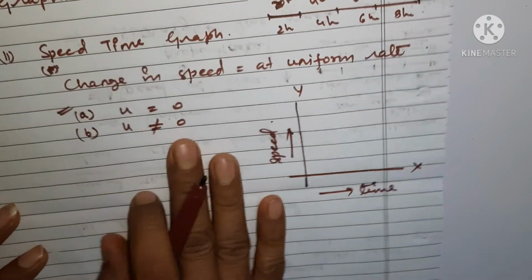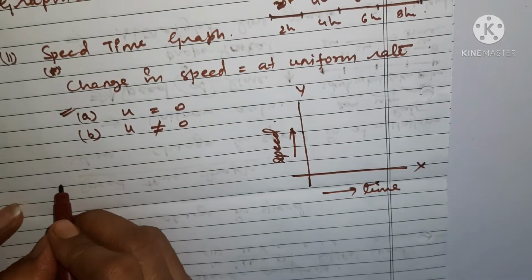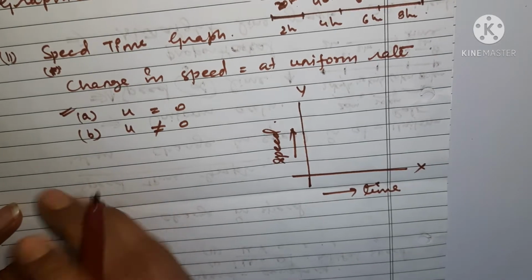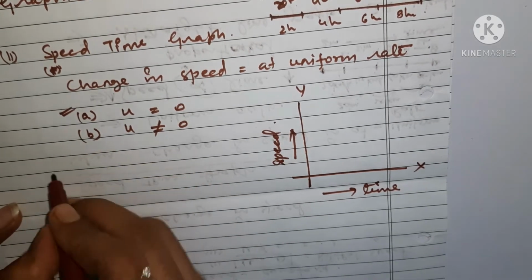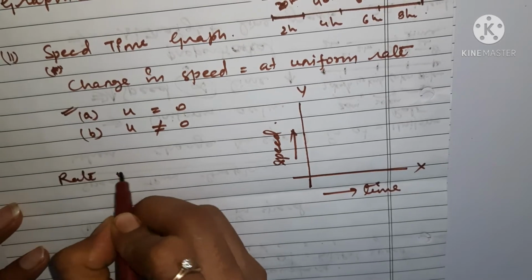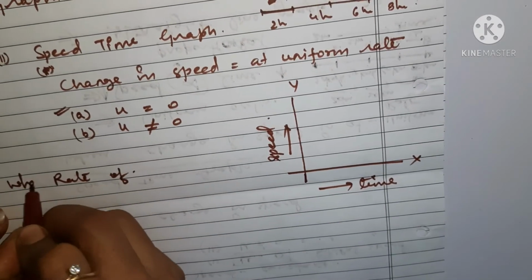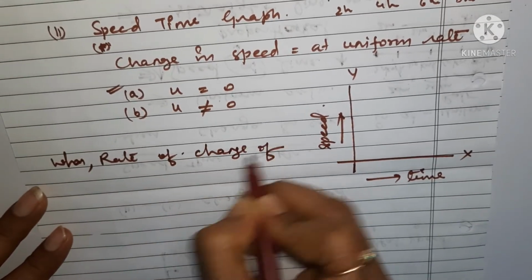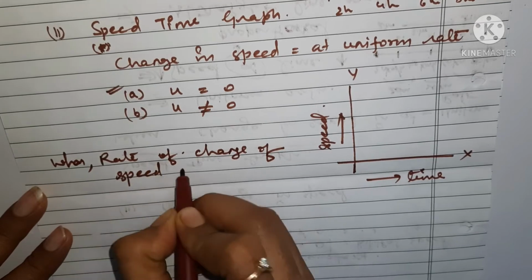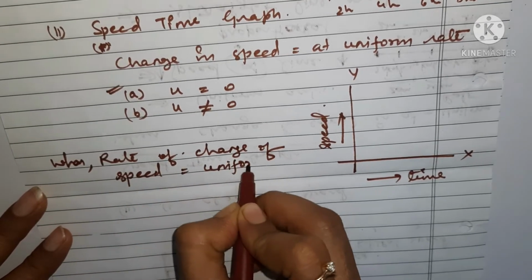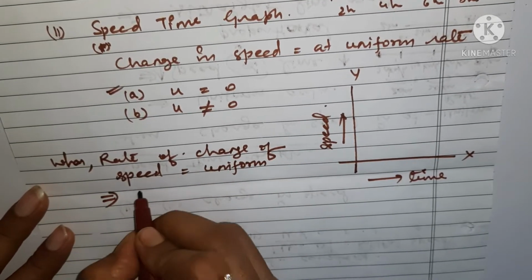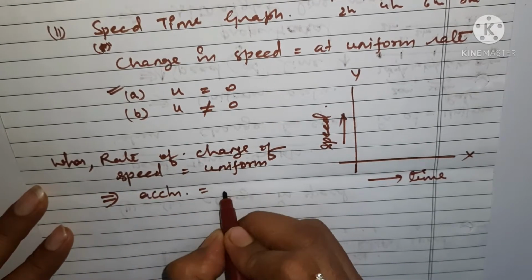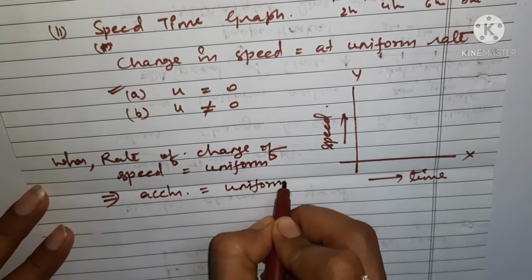Now one thing to note is what kind of speed time graph you are going to get in this case. Since the rate of change of speed is uniform, definitely you are going to get uniform acceleration. When the rate of change of speed is uniform, it implies that the acceleration is also uniform.